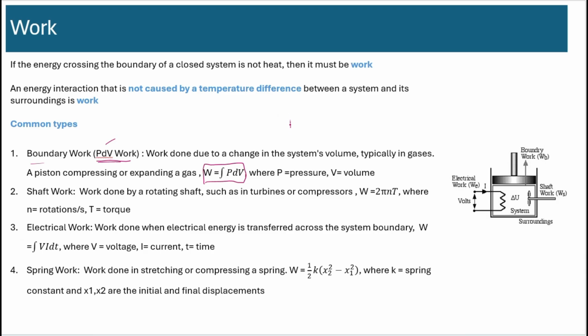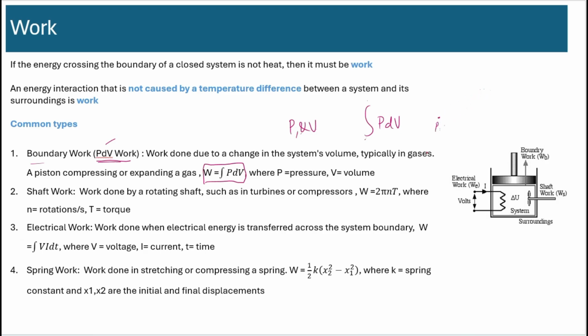If you know the relationship between P and V, you know the value of integral PdV. This relationship between P and V could be different for different processes. So the integral PdV could be a different value going from one particular pressure and volume to another particular pressure and volume.